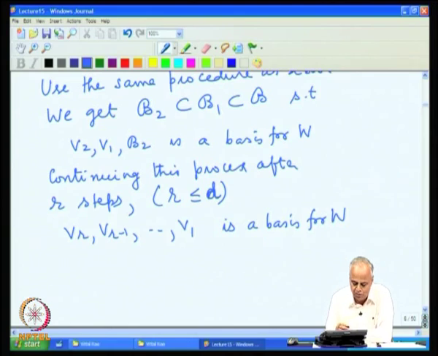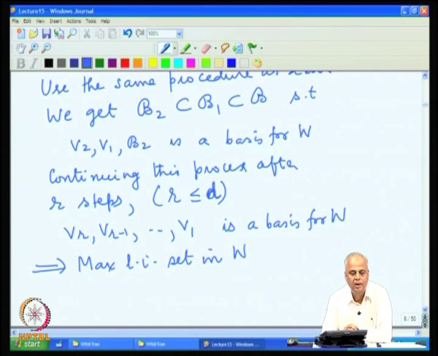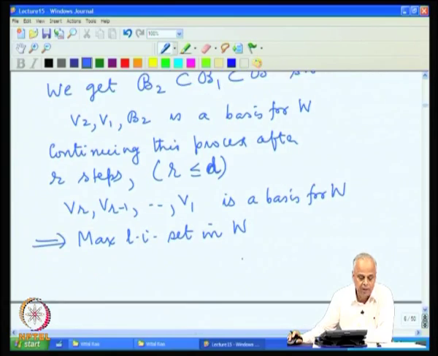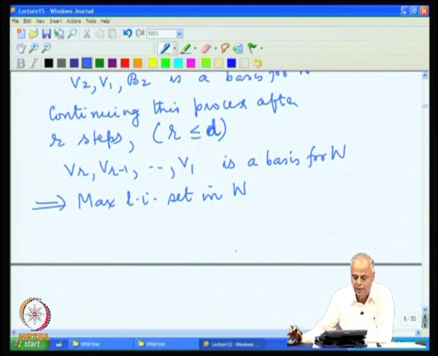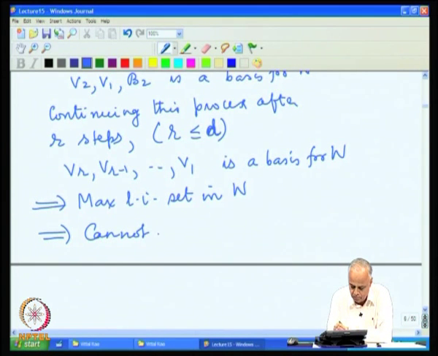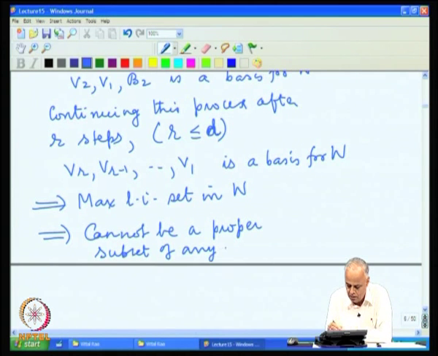Since it is a basis for W, it must be a maximal linearly independent set in W, because a basis is a maximal linearly independent set, and therefore, it cannot be a proper subset of any linearly independent set.